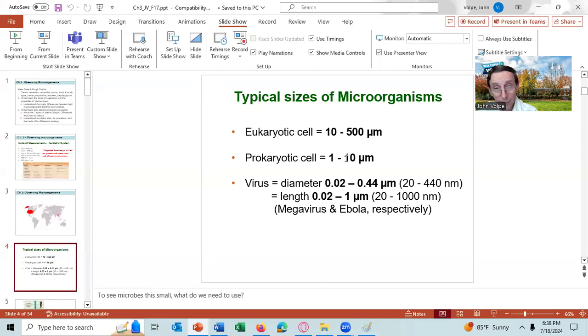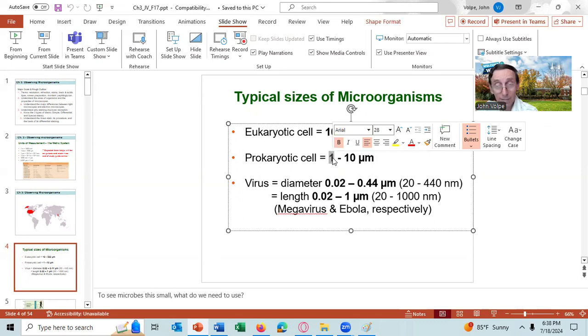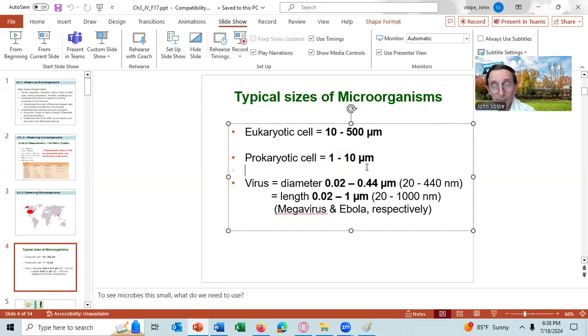The largest are around 10 micrometers in diameter. And I don't know why they have the largest one here, but they don't have the smallest. The smallest prokaryotic cell is around 0.4 micrometers in size. There are some cells smaller than that, but those are probably non-viable cells.